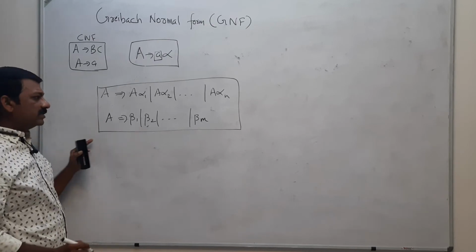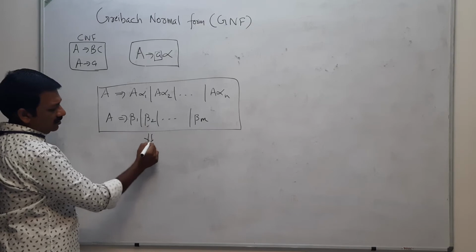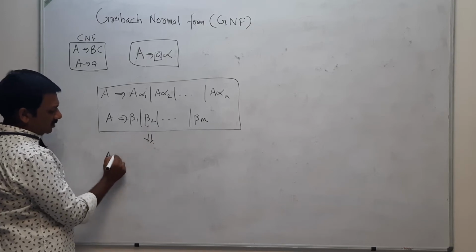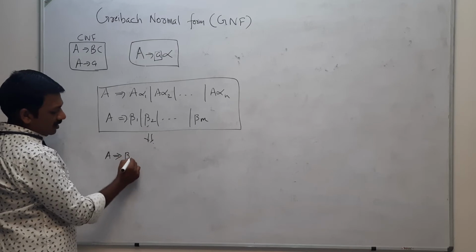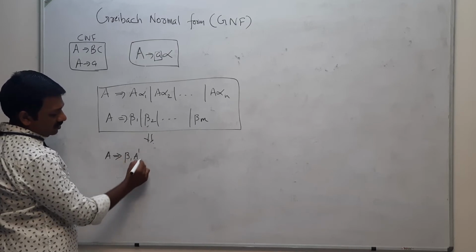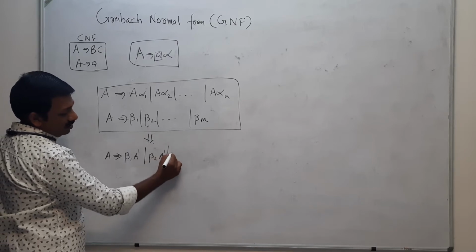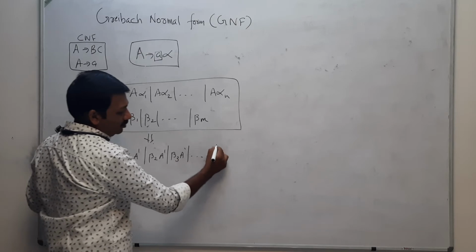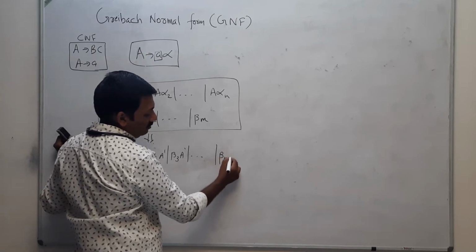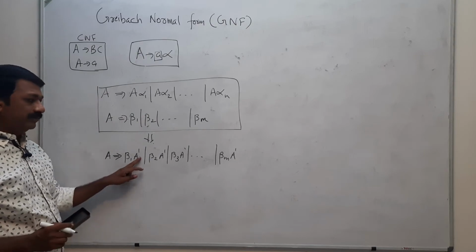Now when I am replacing this with an equivalent set, this is A derives beta 1 A dash or beta 2 A dash or beta 3 A dash or etc. up to beta m A dash. Now I have introduced a new variable A dash.